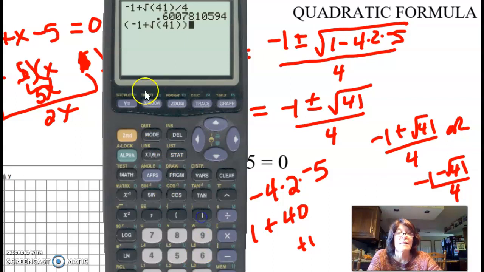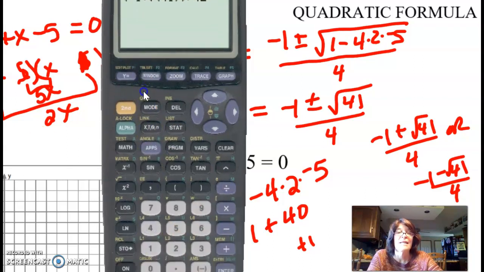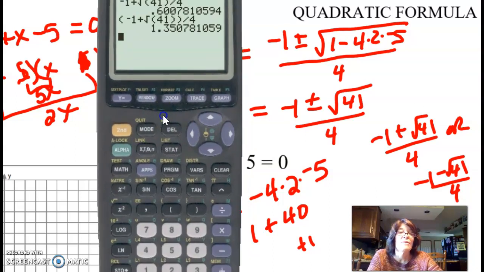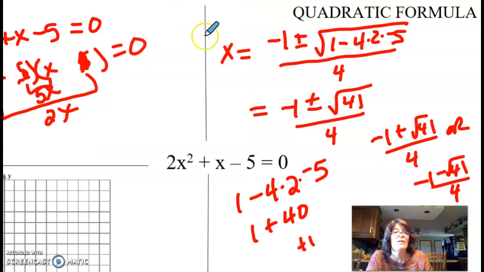I'll need to end my second parenthesis. This first parenthesis ended the 41, right? And then I'm going to divide that whole thing by 4. That's the actual answer, and I get 1.35-ish, just so I have an idea of about where that should be when I graph it.